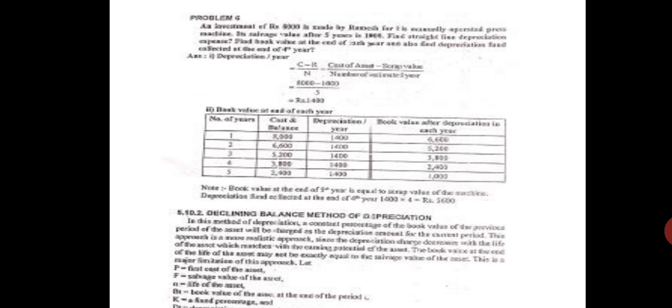Now again I'll give you an example. If you have a taxi, 15 lakh rupees you have paid and bought. After 1 year, definitely the value will not be 15 lakhs, it will be less, but it will not be 14 lakhs also. Because considering 15 years as the useful life of the taxi, can you say that after 1 year the value will be 14 lakhs?